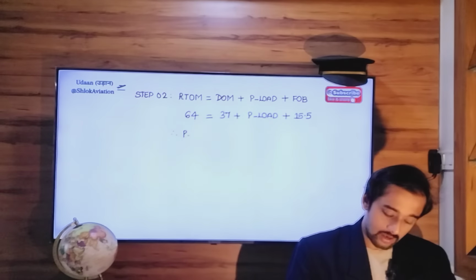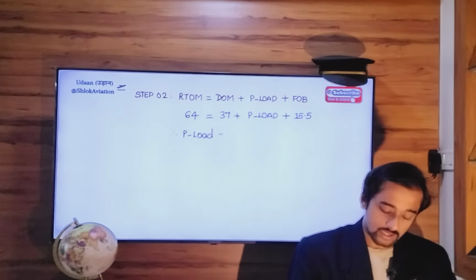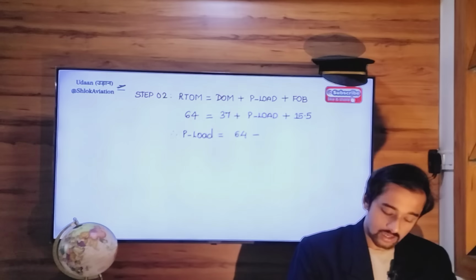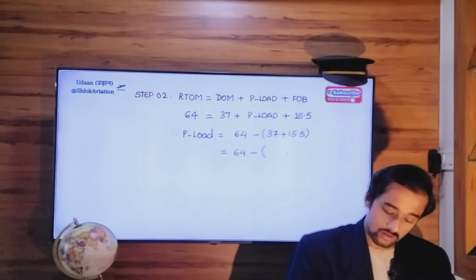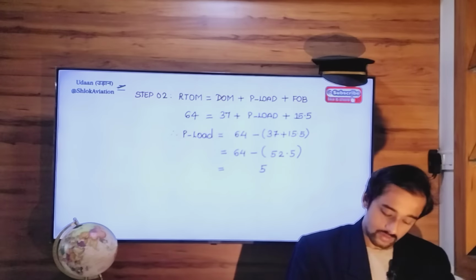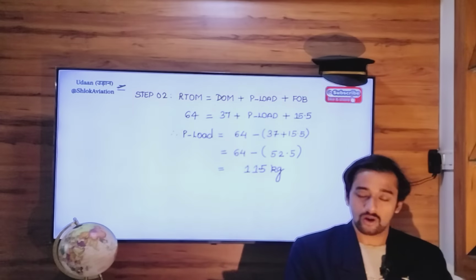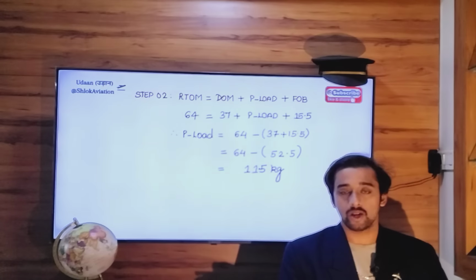Therefore, payload will be equal to 64 minus 37 plus 15.5, which is 64 minus 52.5, which is 11.5, or 11,500 kilograms.